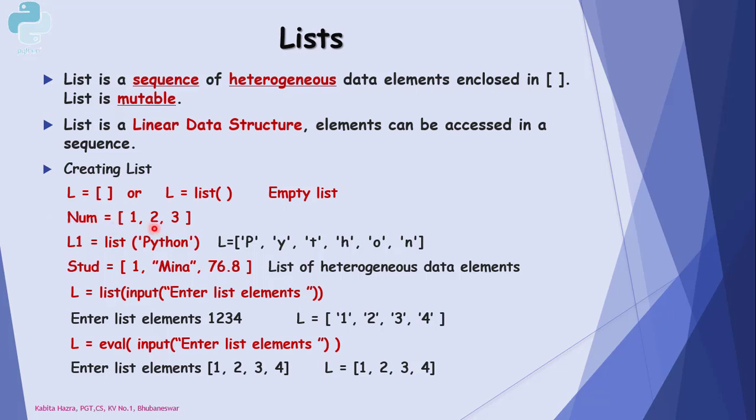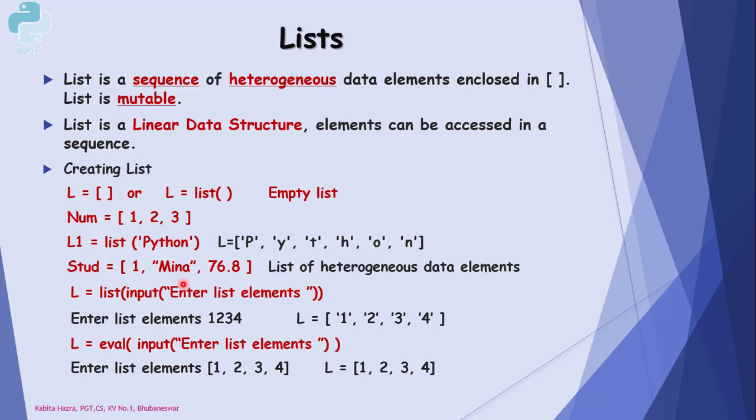Here num is a list of the numbers 1, 2, 3. We can also use the constructor method. For example, here we have created a list L1 by using the constructor method, passing the string Python as argument. So the list that will be created is P, Y, T, H, O, N, the individual characters of the string.